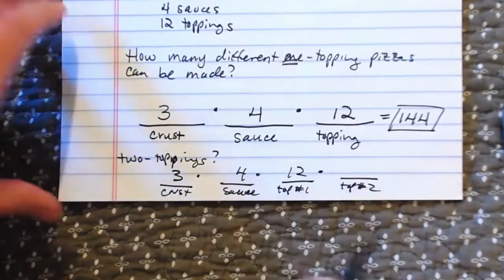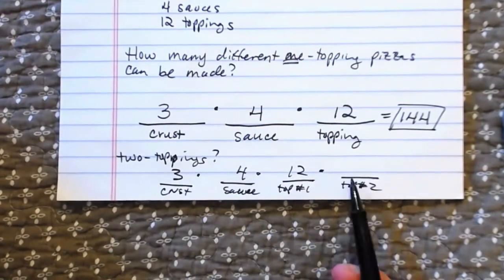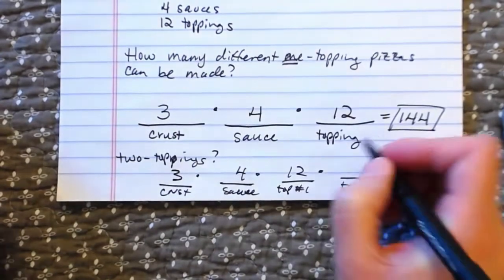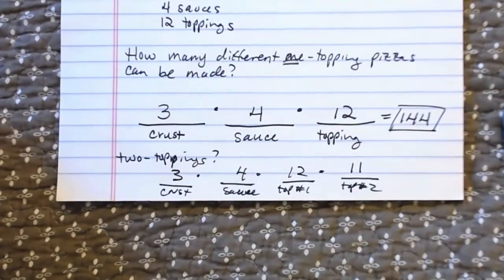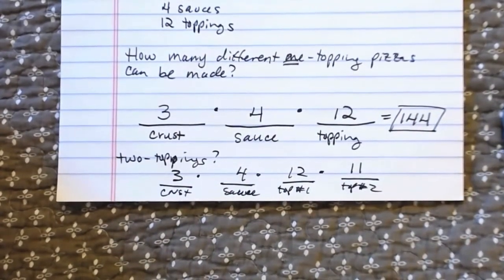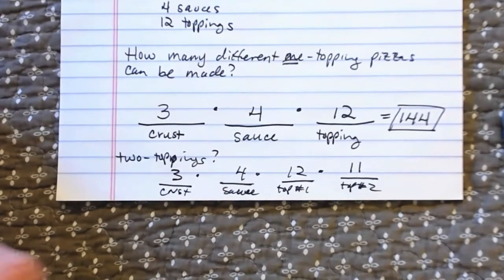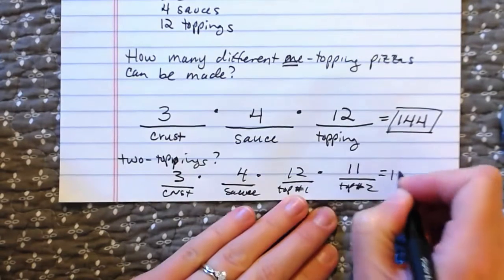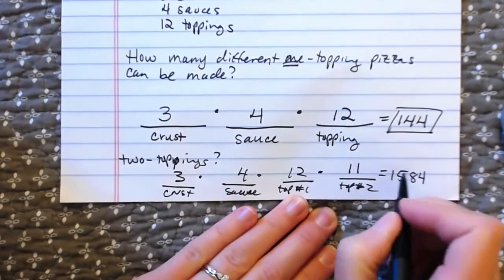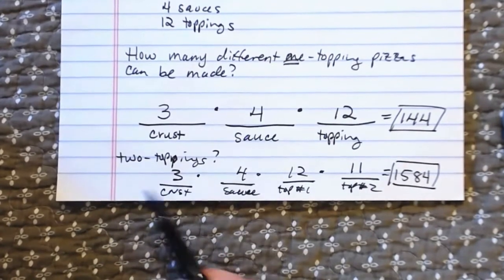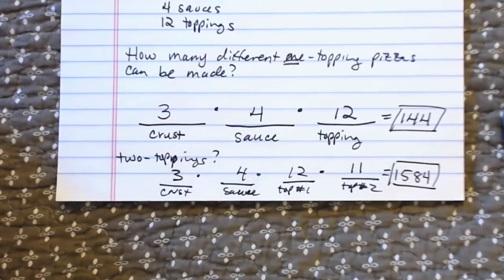I have 12 choices for topping number 1, but then to make a true 2-topping pizza, I would need to pick a different topping for topping number 2, so I would then be down to only 11 choices. And 3 times 4 times 12 times 11 is 1,584. There are 1,584 distinct 2-topping pizzas that we could make with these constraints.